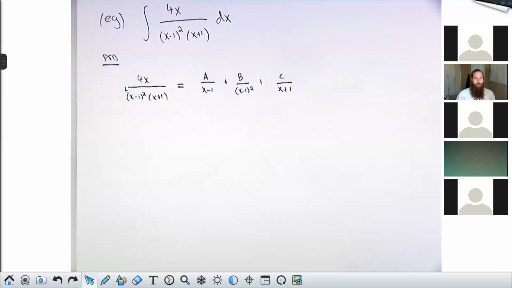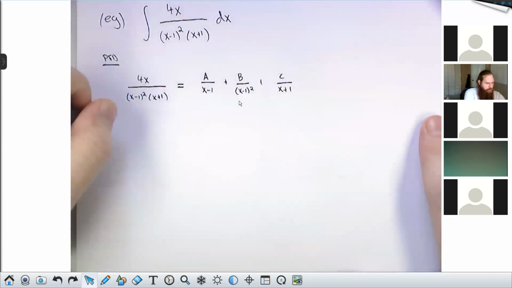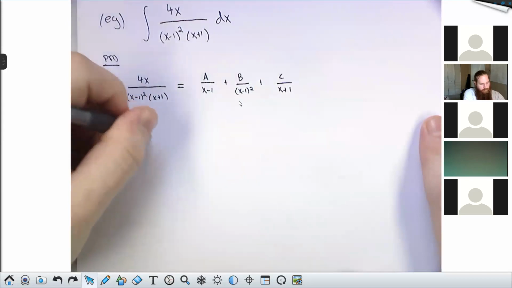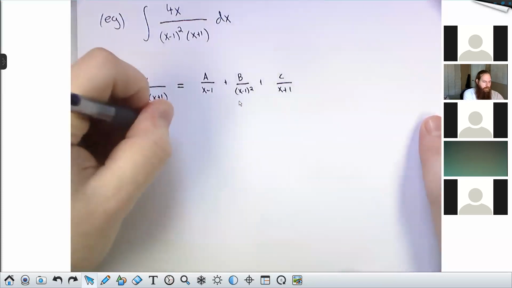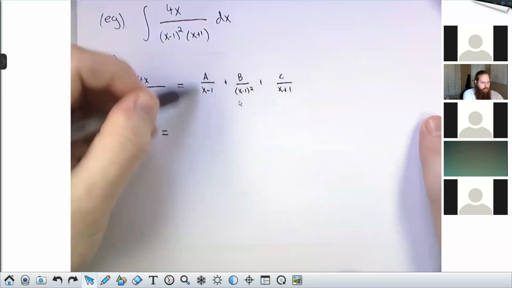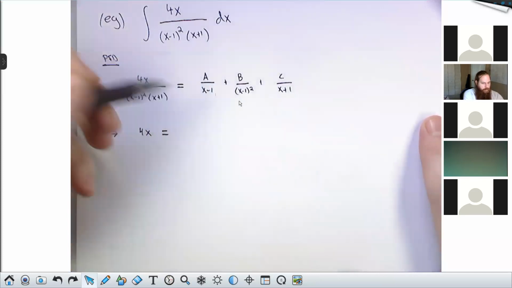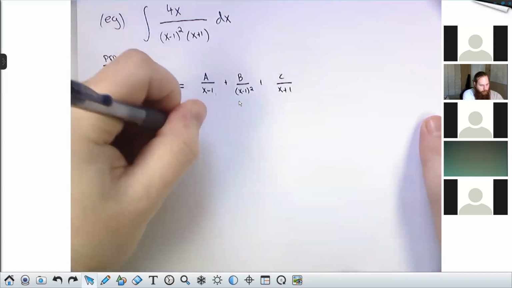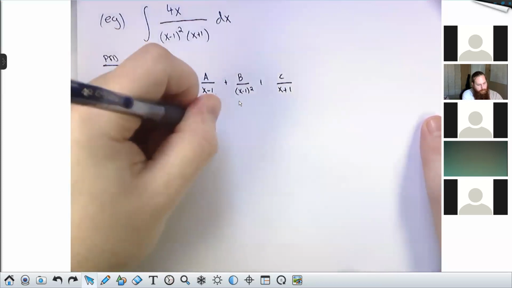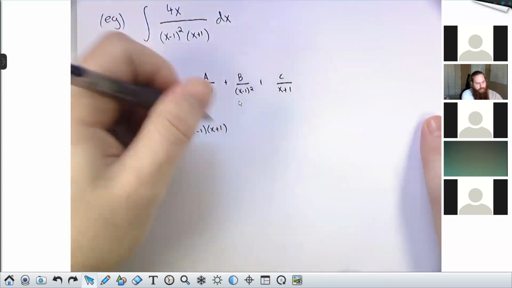Now I'm going to cross multiply by this denominator to get rid of all the denominators. My left-hand side will just be 4x, just that numerator left. My right-hand side, when I multiply this term by x minus 1 squared times x plus 1, one of the x minus 1's cancel, one of them doesn't, and the x plus 1 doesn't cancel, so it stays.